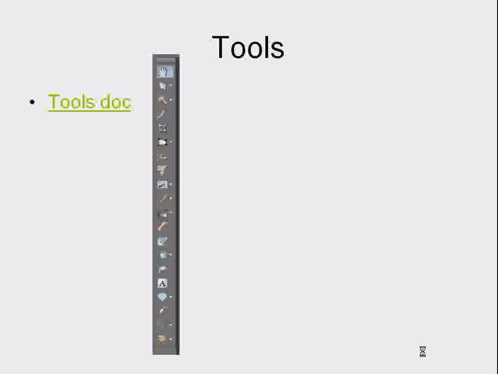Also, you should notice that some of the icons have little triangles beside them. This indicates that there are multiple tools other than just the one tool selected at that point. So, as an example, if I select something like the paintbrush, we would notice that there are other tools that we can work with other than just the paintbrush tool.